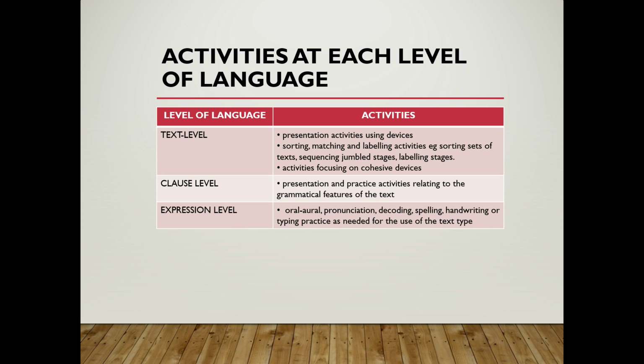At clause level, presentation and practice activities relating to the grammatical features of the text. And at expression level, you have to find out oral pronunciation, decoding, spelling, handwriting, or typing practice as needed for the use of the text type.